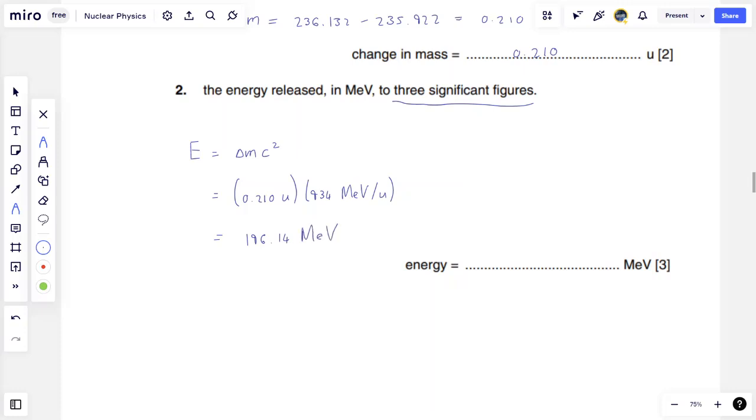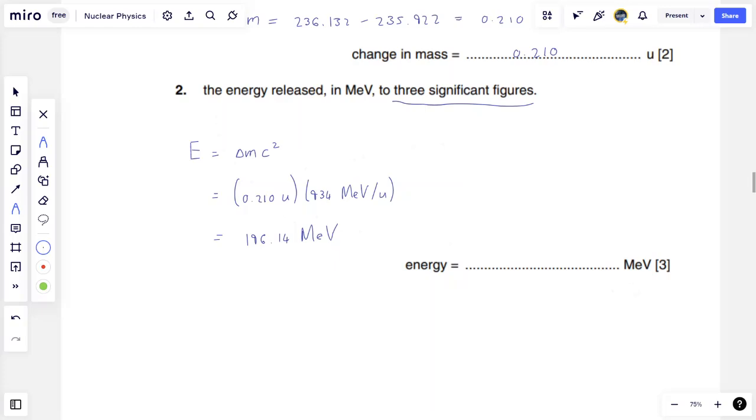So the difference in mass on both sides of the equation will be released as energy. If there's a mass difference on 2 sides of a reaction equation, that difference must be equivalent to an E equals mc squared amount of energy. This is quite simple for a 3-mark question.